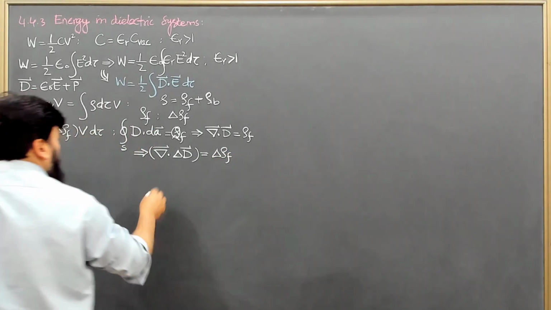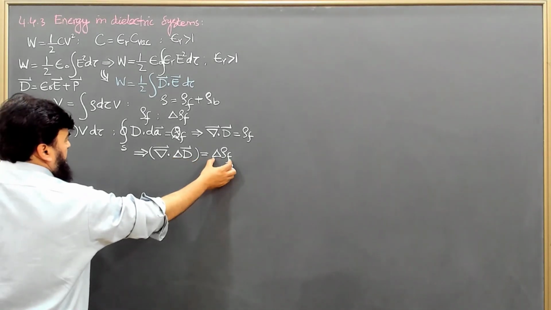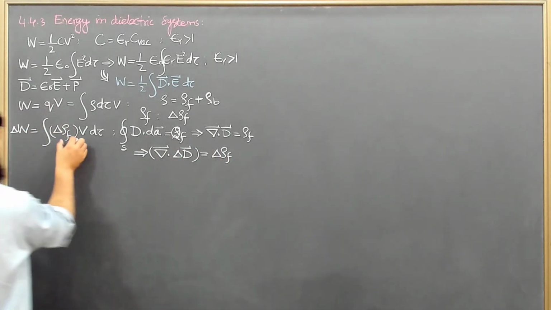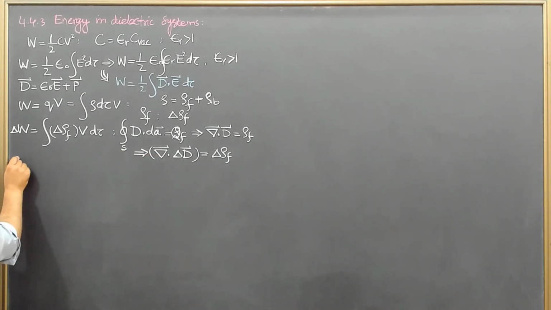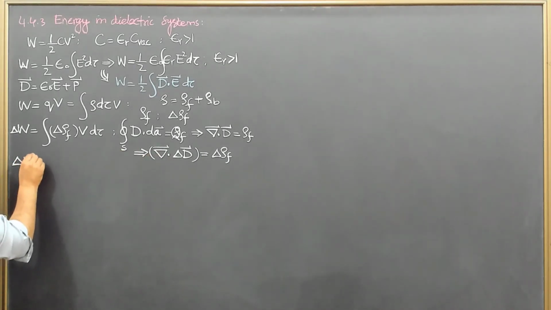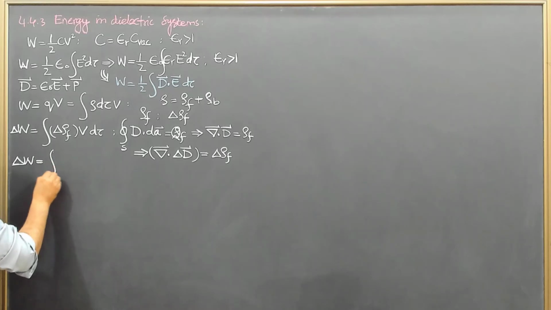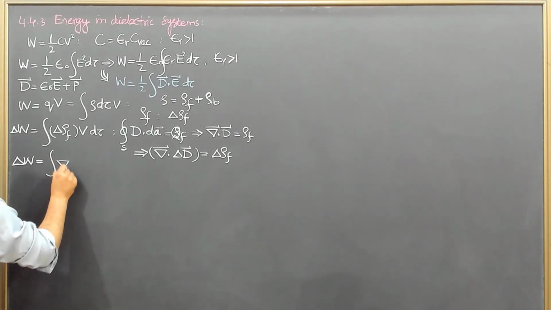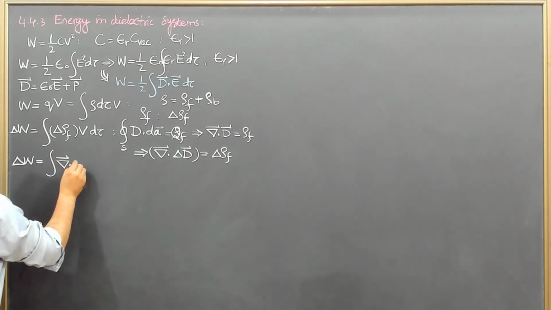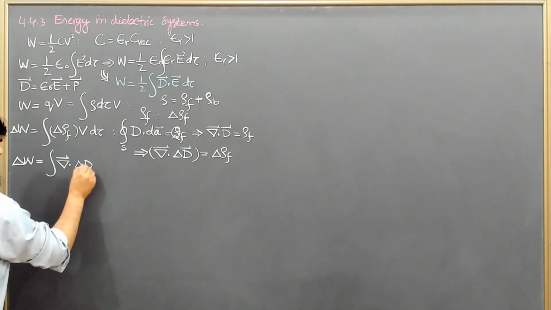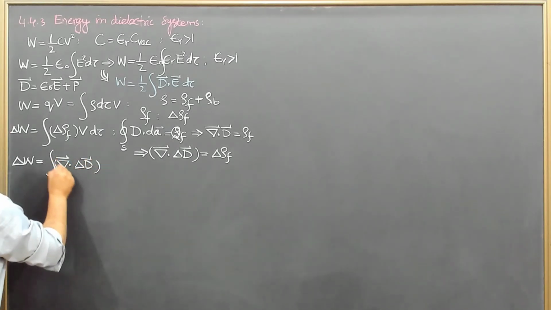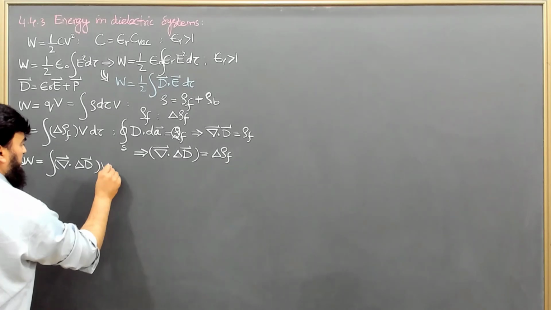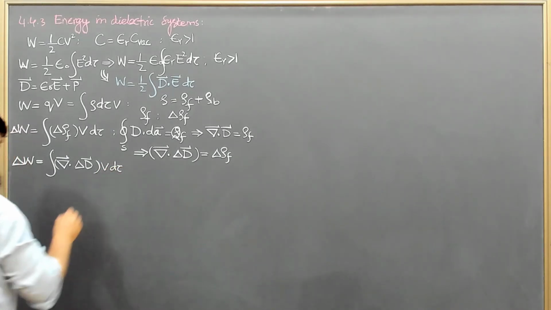So I can replace this small change in rho f with this, and delta W will be equal to the integral of V times del dot delta D, d tau.